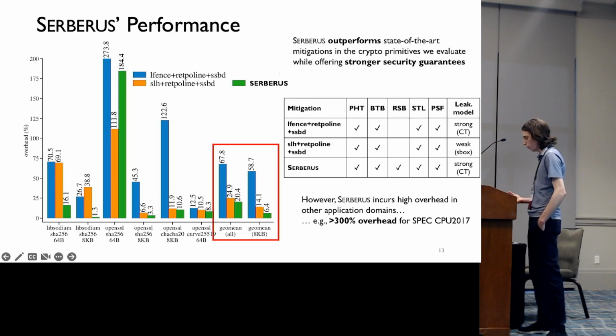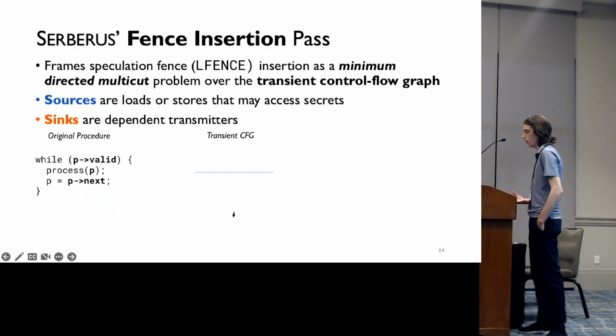There are a couple of different reasons for that. I can't go into all of them, but we did notice that almost all the overhead was coming from the fence insertion pass, the one I haven't talked about yet. So I'll talk about it now. This pass frames optimal speculation fence insertion as a min-cut problem over the transient control flow graph of each procedure.